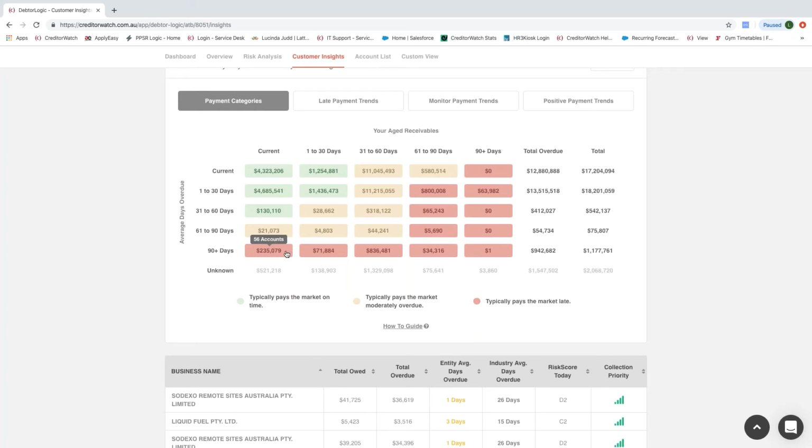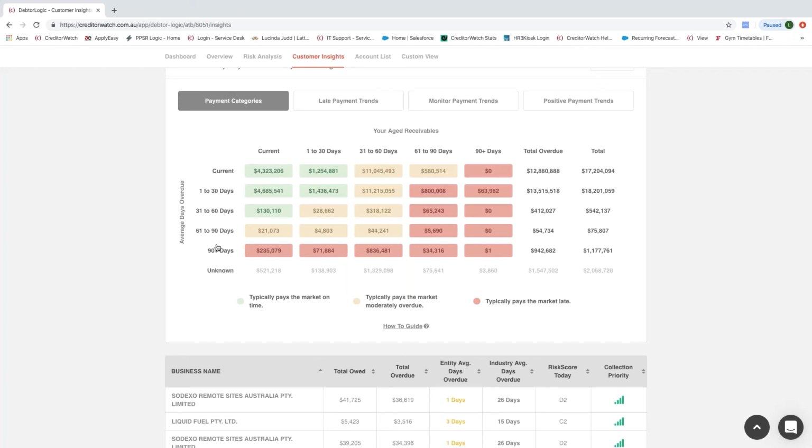So this is, I guess, a key area for customers that at the top you can see are paying you current. Just up here, this is all the customers paying you current, but they are paying the market quite late. So this would maybe be a critical supplier, or you'll be a critical supplier to them.